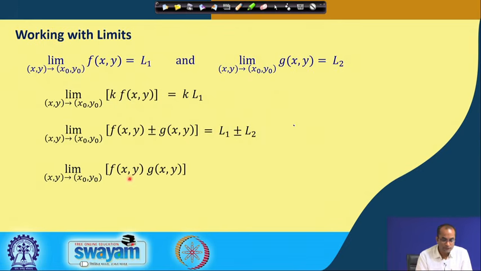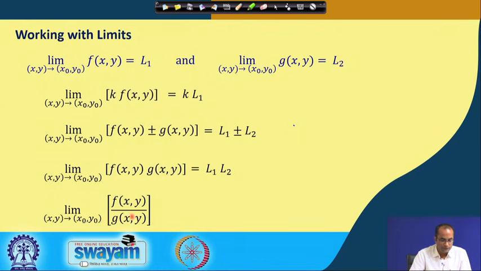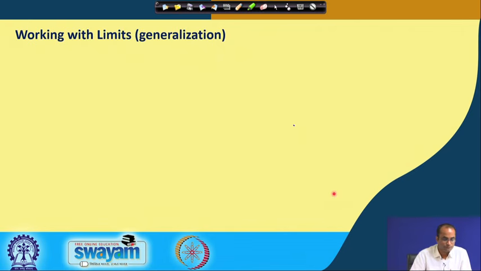Now, we have the product of the two functions f(x,y) times g(x,y). This will be the product of L1 and L2. If we have the quotient f(x,y) over g(x,y), in this case L2 must not be 0, because we cannot divide by 0. So if L2 is not 0, then this limit will be L1 over L2, provided L2 is not equal to 0.